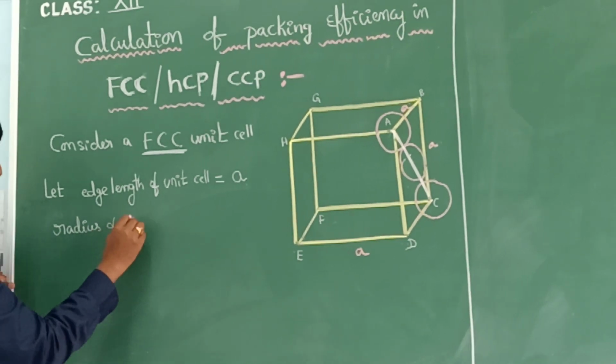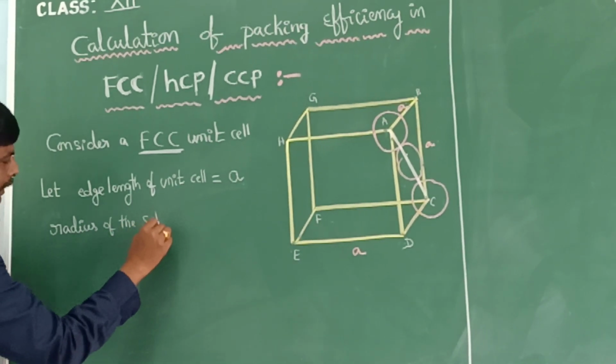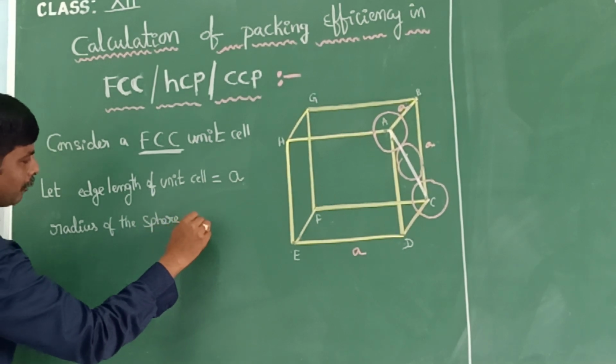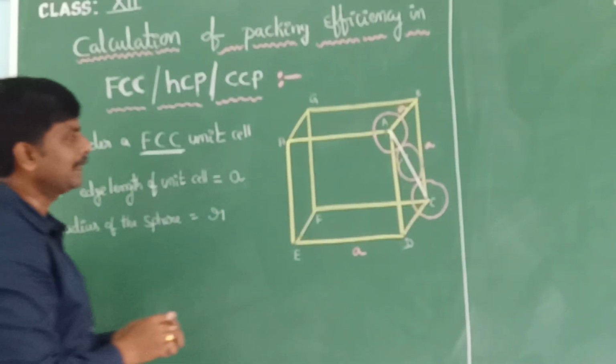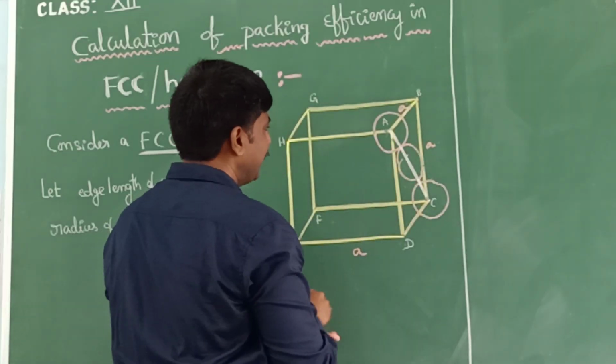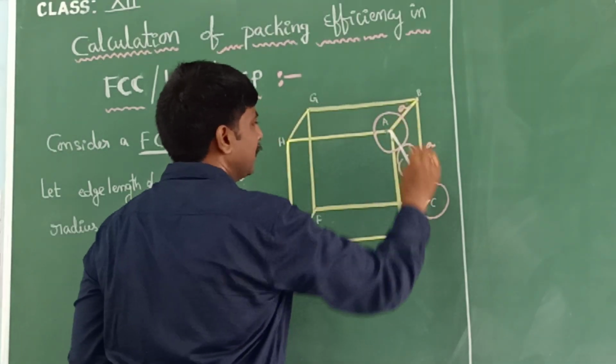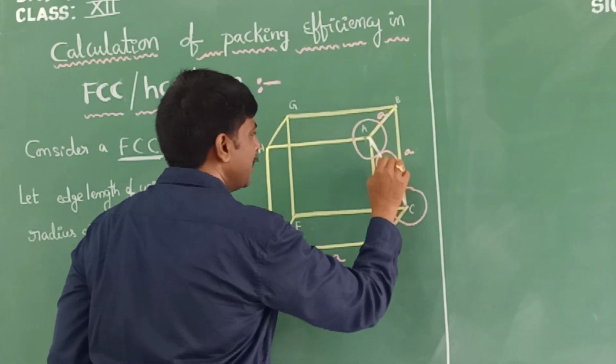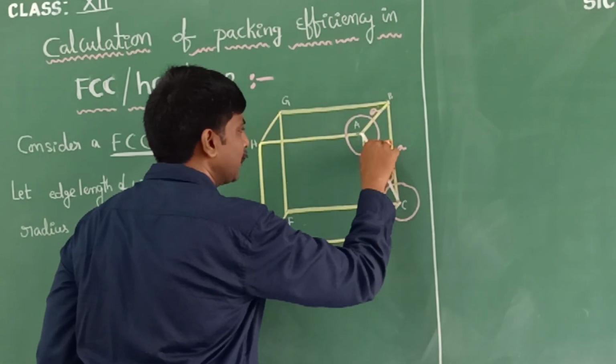So this radius, the length from here to here, is r. This one also r, and this one also r.